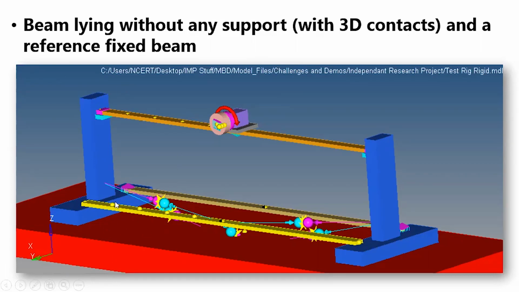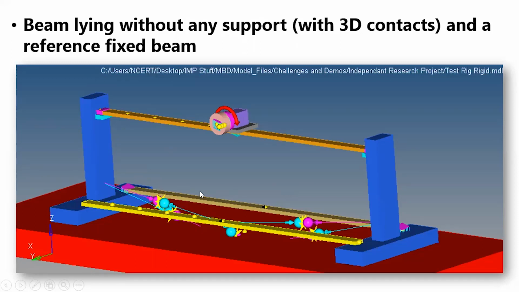For this beam, there is another beam which is a reference fixed beam. I'll not be comparing the reaction forces of this particular beam and that one. I'll be comparing this beam with this beam, because obviously the positions of these two beams are similar.